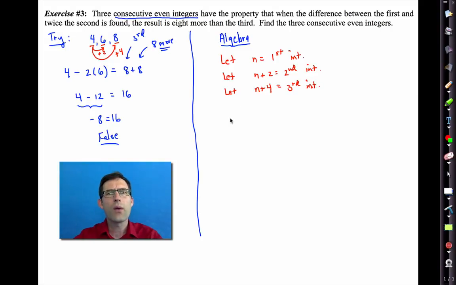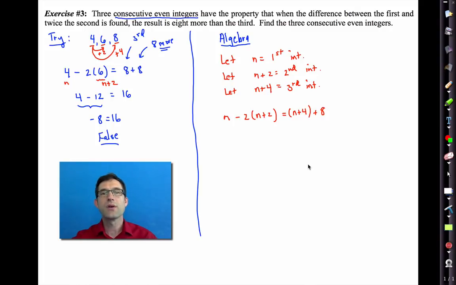Okay, so now what did we do? We said the difference between the first, right, there's my n, minus 2 times n plus 2, really critical to have those parentheses there, is equal to 8 more, there's my 8 more, than the third.